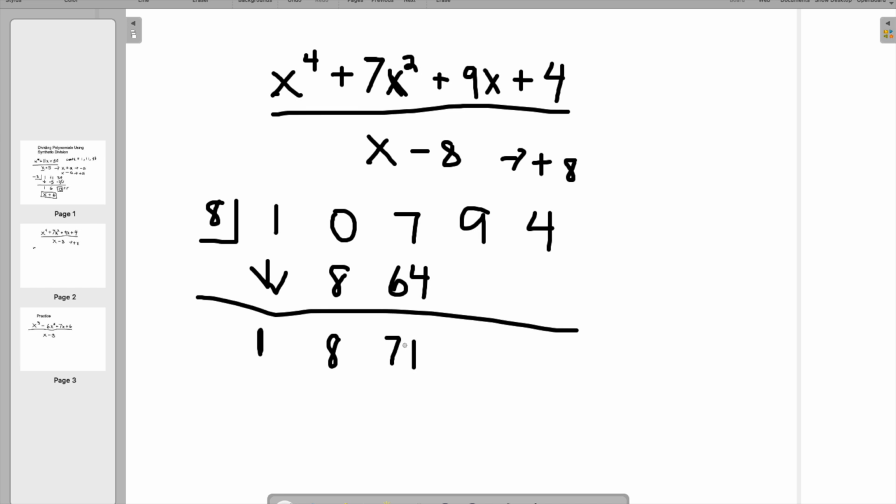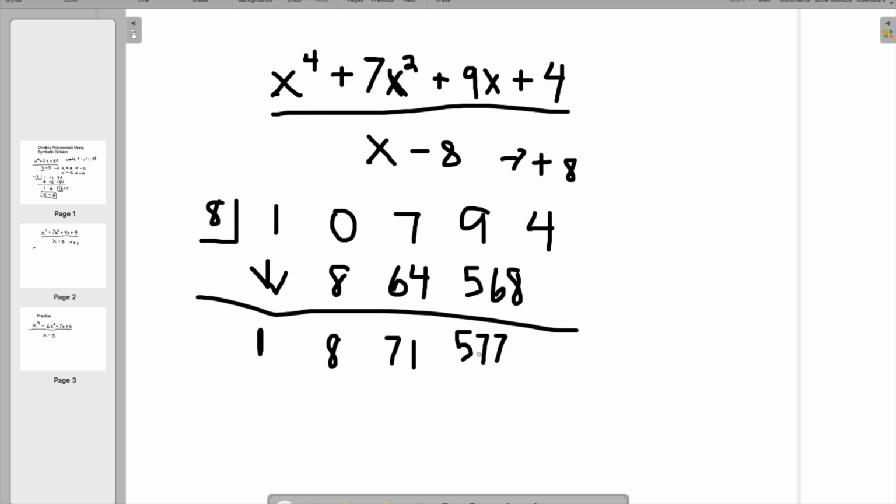And then we're going to do 71 times 8, and that's going to be 568. And then you want to add 9 to 568, which is going to be 577.